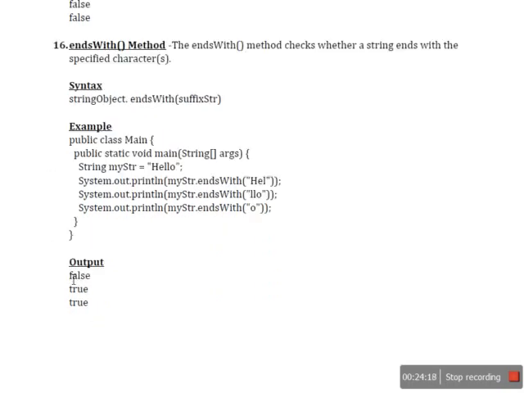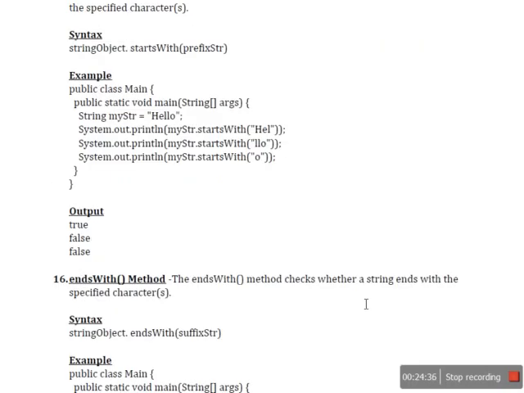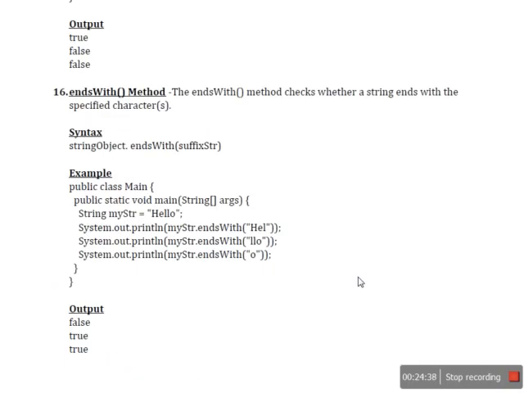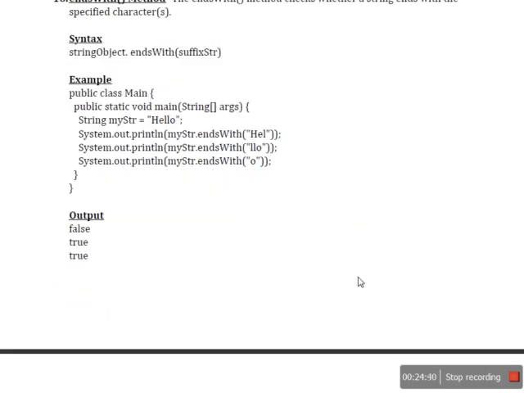Next, this one, in this case what will happen? In this case we are looking for whether a string ends with the specified character or not. So we have taken a string, and first we have checked for HELL. So we are checking from the starting index, but we need the match at the end of the string.